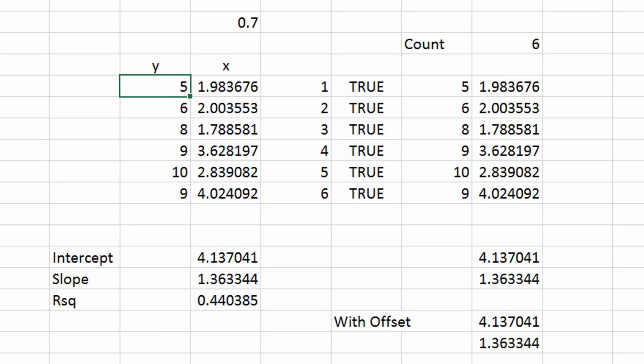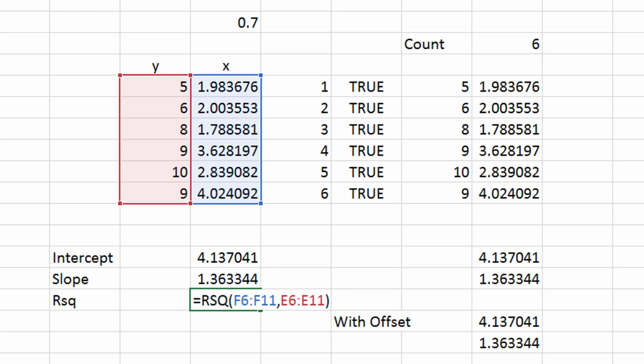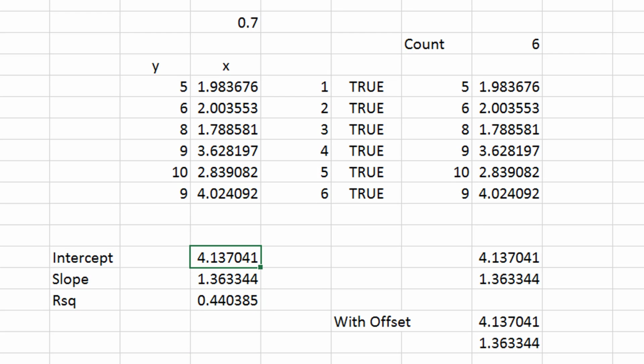And we're going to make a little regression analysis. And in our regression analysis, we just take the intercept and we put the Y's in first and then the X's. And then we go to the slope and do the same thing, the Y's first and then the X's. And then the R squared, the Y's and the X's, and we get our 3 parameters. I don't know if you need much more.